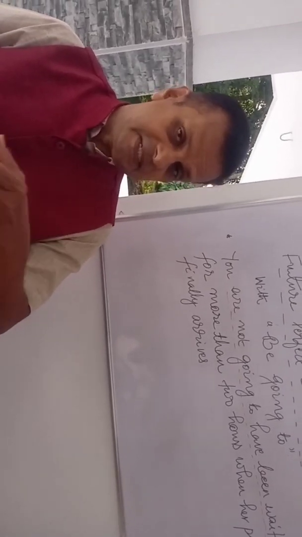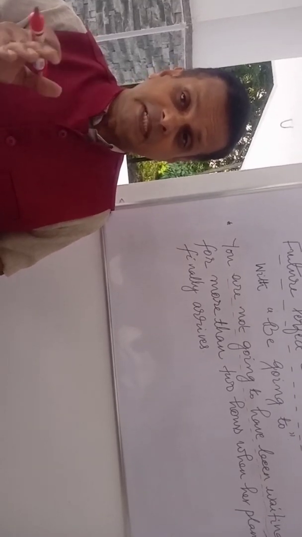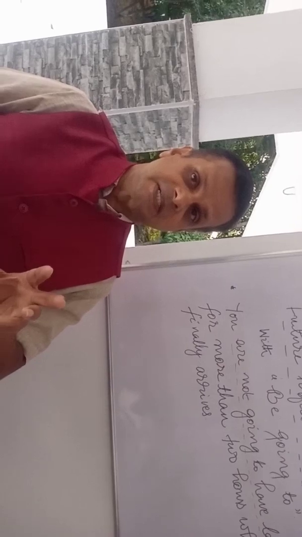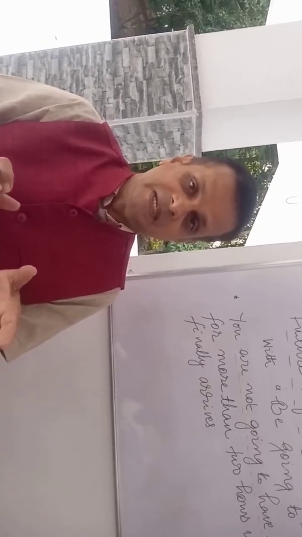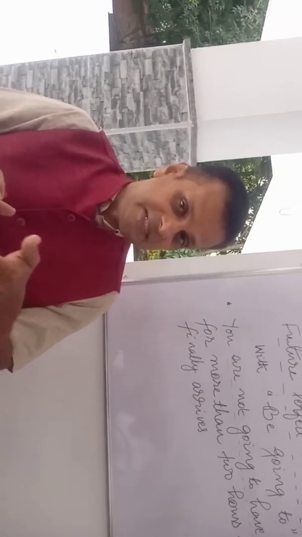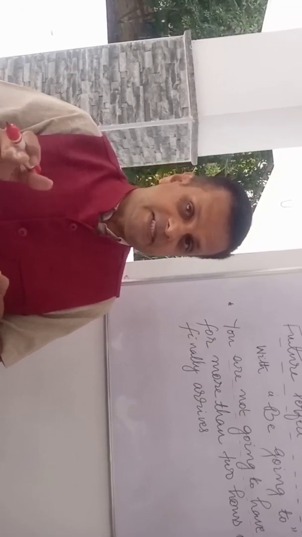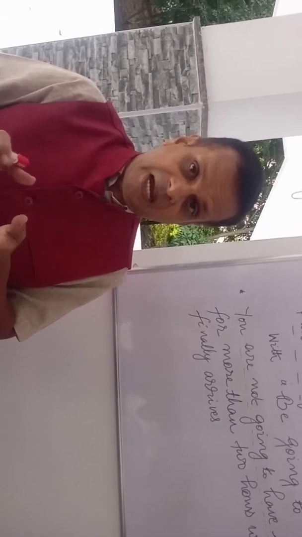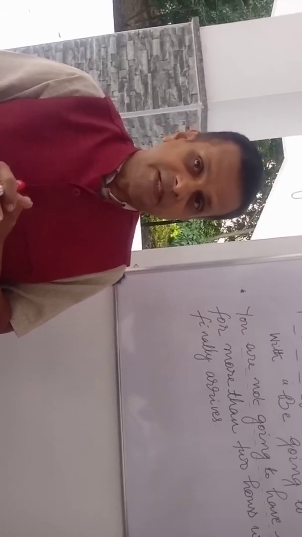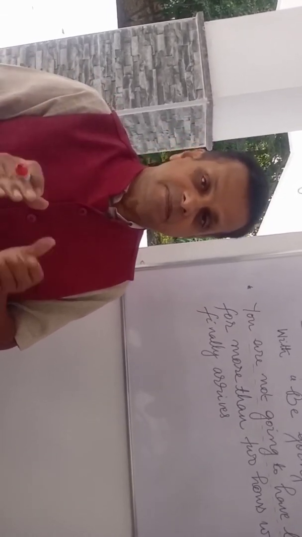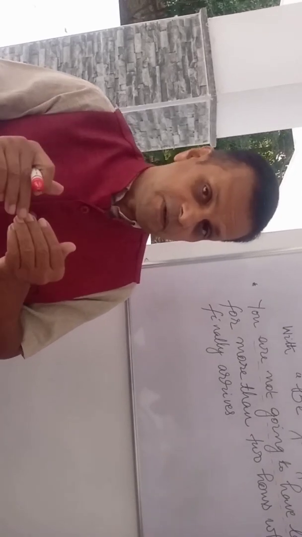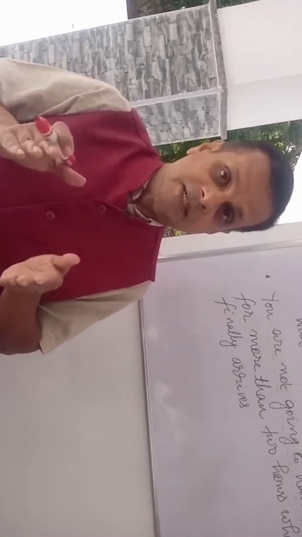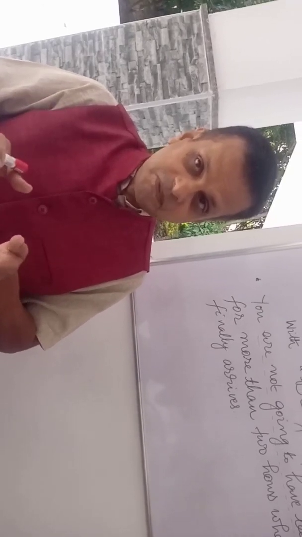For example, we can say like this: you won't get a promotion until you will have been working here as long as Tim. It is not correct. You understand this? What is the correct form? The correct form is you won't get a promotion until you have been working here.